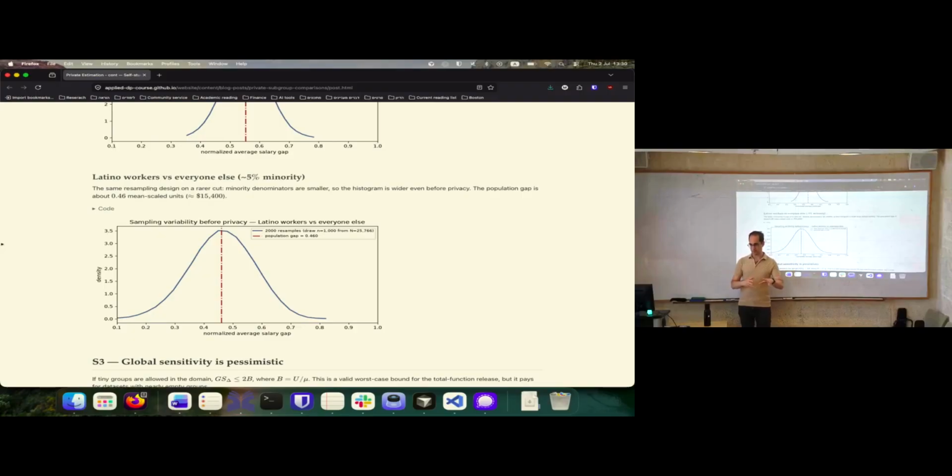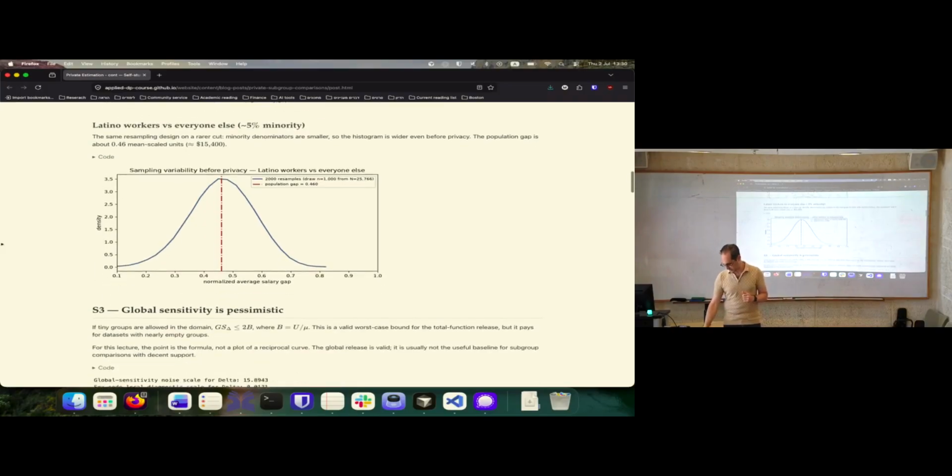The latter, give or take, corresponds to how much statistical noise will be in my estimation, or in other words, my accuracy, my generalization ability. And the first corresponds to how much noise I will have to add for privacy reasons. The fact that they're somewhat related explains why, if we work in the right way, we can go way beyond the worst case.